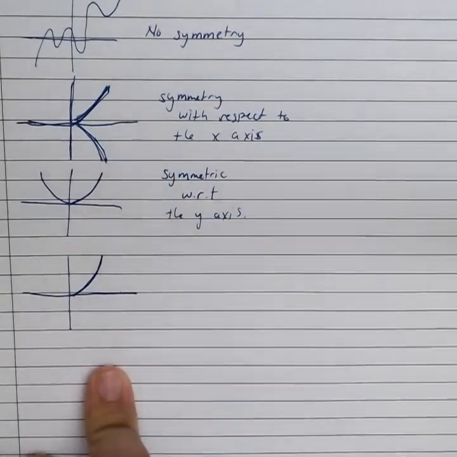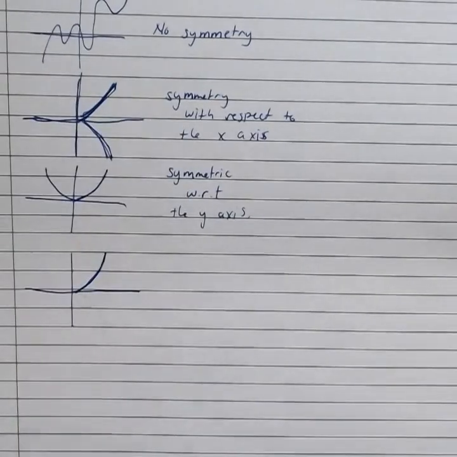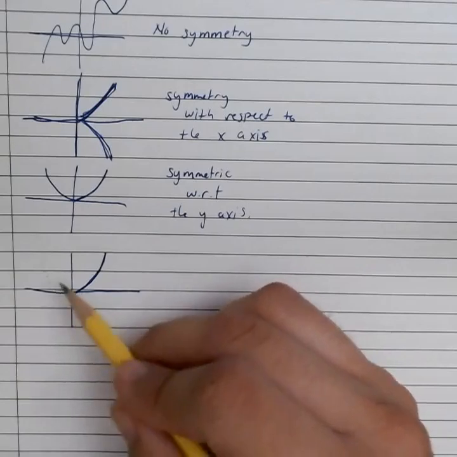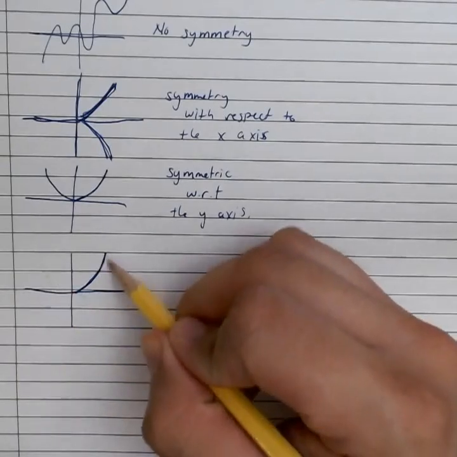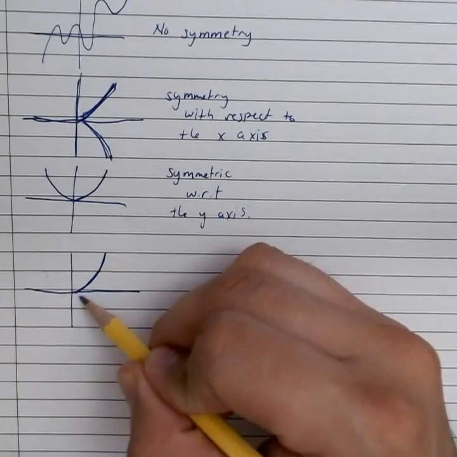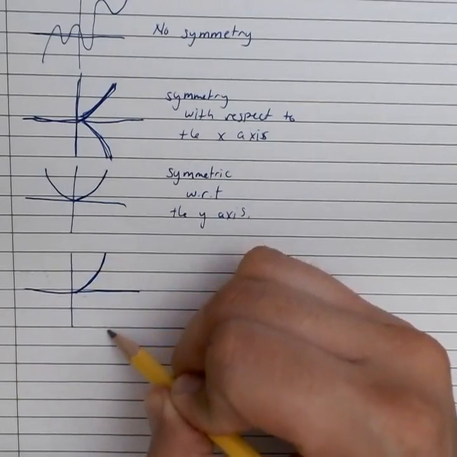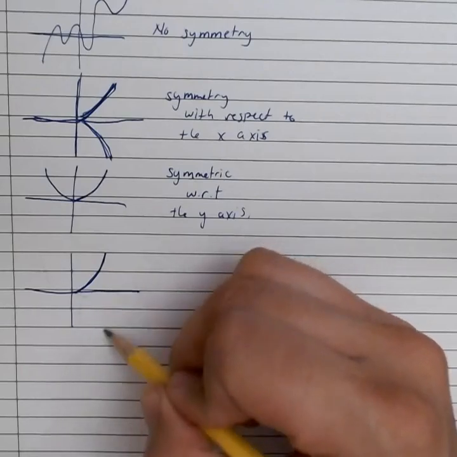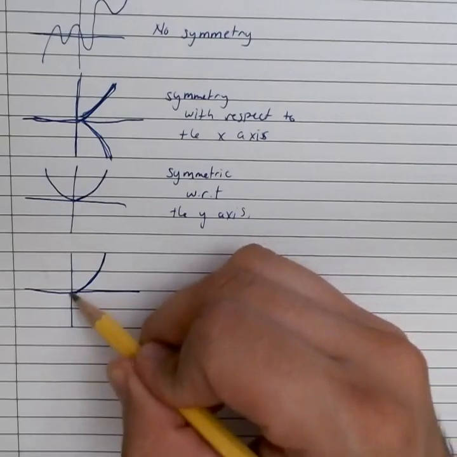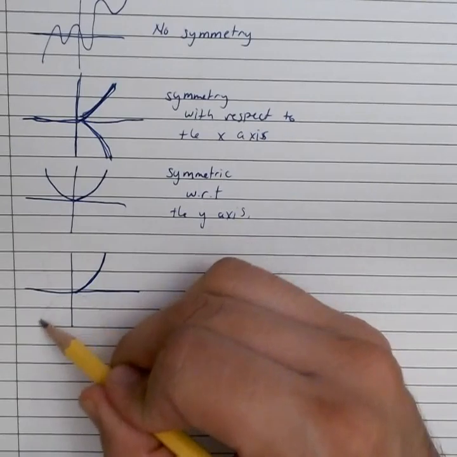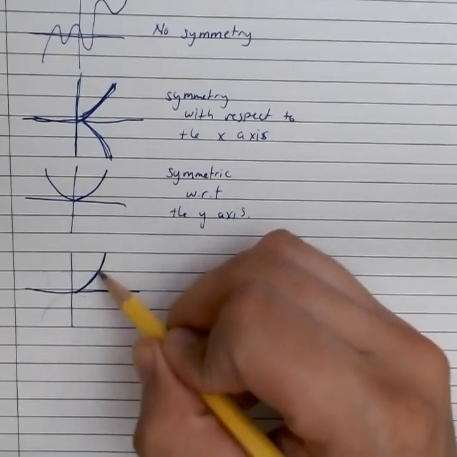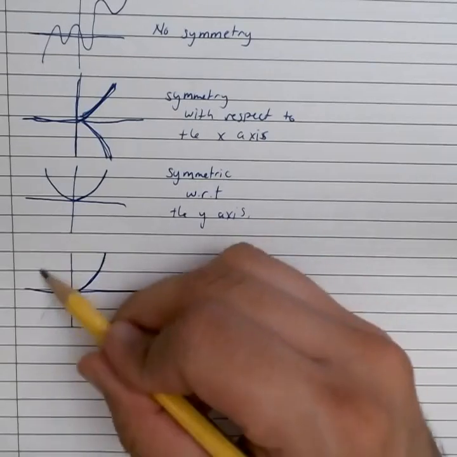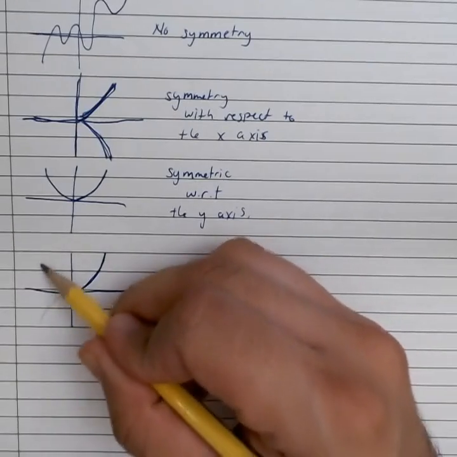If something is symmetric with respect to the origin, then this piece is being reflected in both of these ways. Here, take this, reflect it first with respect to the x-axis. That brings it down here. Now take this piece and reflect it with respect to the y-axis. That would bring that over here. If you did it the other way around, if you started with this and first reflected with respect to the y-axis, that would bring you over here.